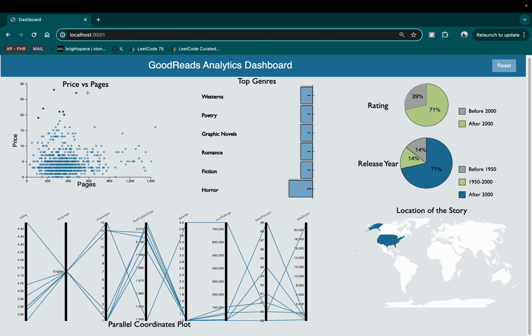From this scatter plot, we can observe that there is no direct correlation between the price of the book and the number of pages, although there is a direct correlation between the ratings of the book and the price versus pages graph.